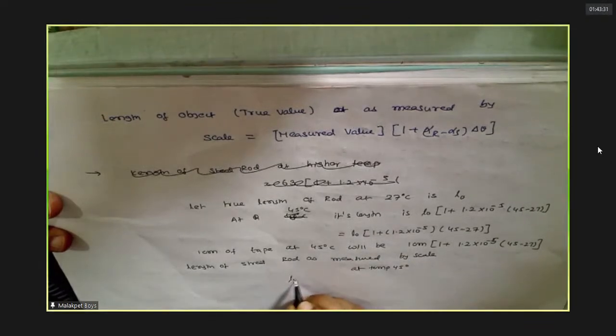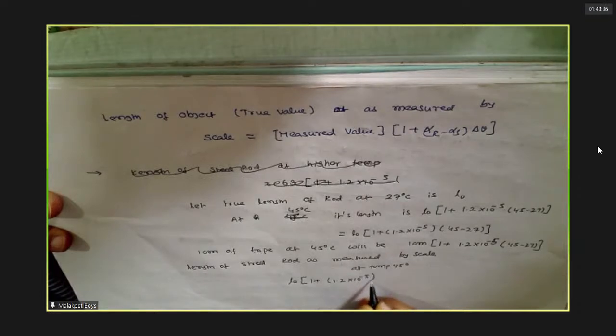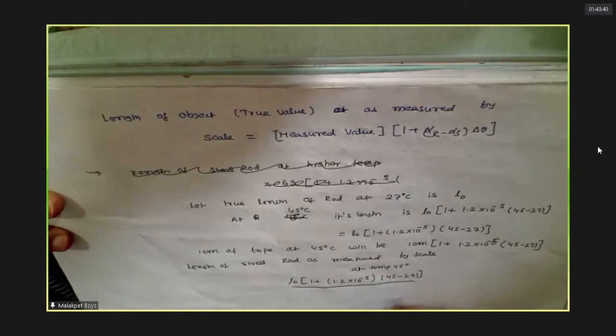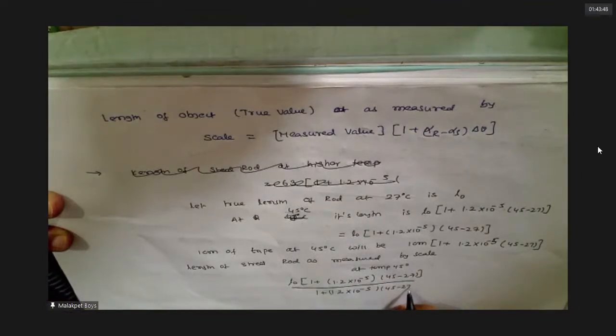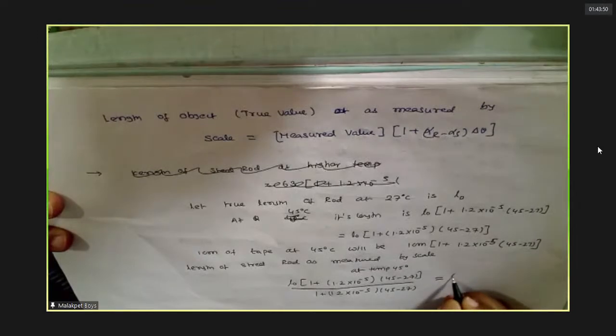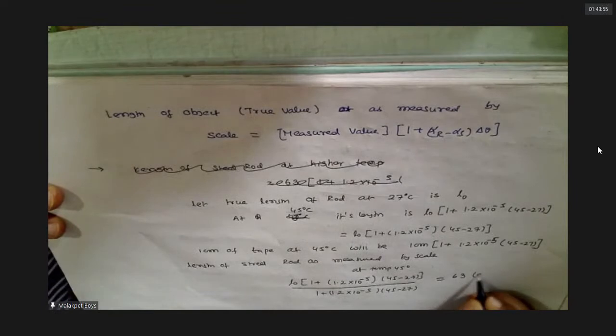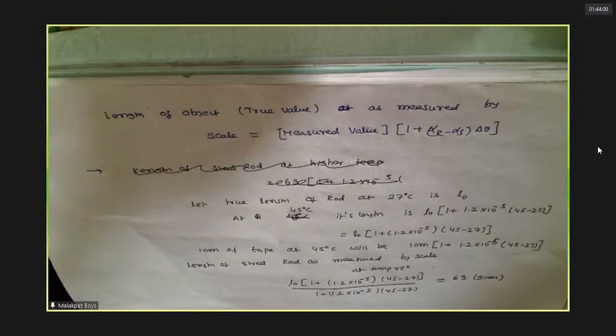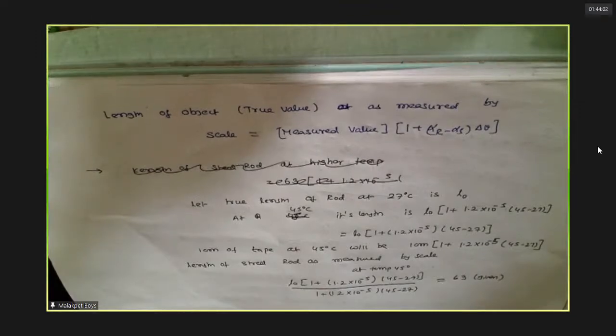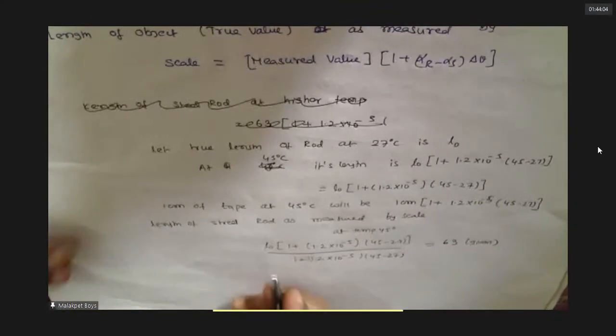Means what we should do? L naught by how many such centimeters are there, no? This is given as 63, I think, no? 63 centimeters. Understood this? Is it clear? Clear, sir. You are supposed to find L naught.